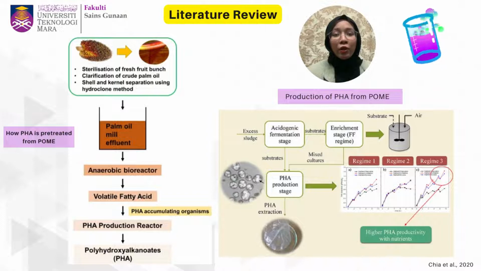Then, PHA accumulates in high quantity with the help of the PHA production reactor. Also, another flowchart shows excess sludge undergoing fed-batch fermentation in order to produce PHA for extraction. Nutrients impact the higher PHA productivity level.